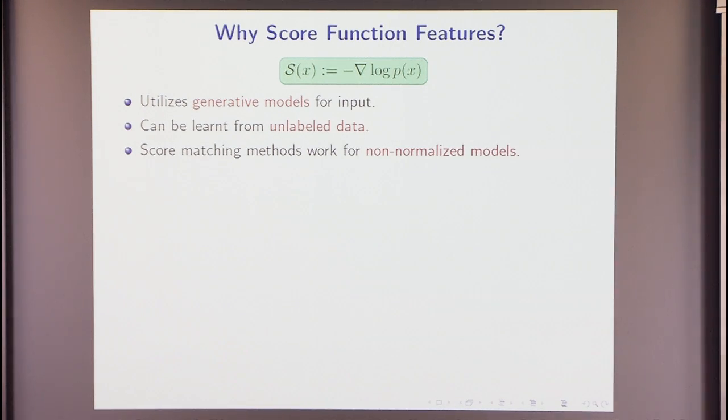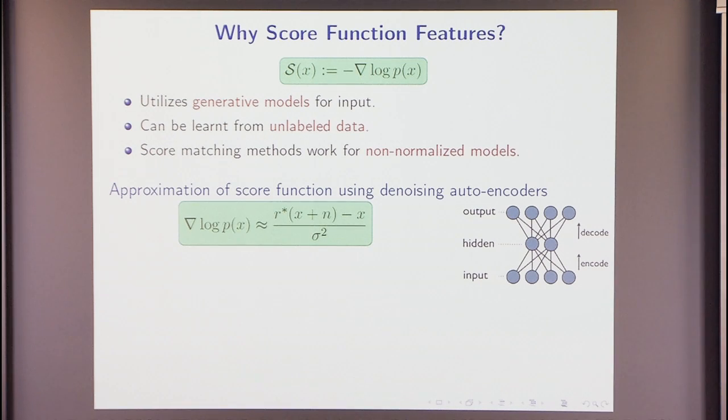And to estimate this, we only need unlabeled samples. That's the good thing, because we can now use a lot of unlabeled samples to estimate these score functions efficiently. Also, there has been recent work by Alain and Bengio, which shows that you can do quick approximations of these score functions using autoencoders, assuming you go to the optimal reconstruction in the autoencoder.